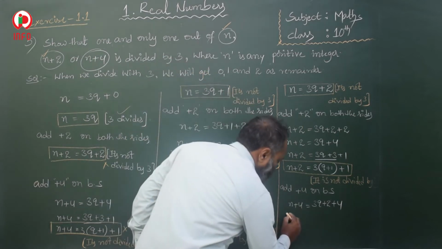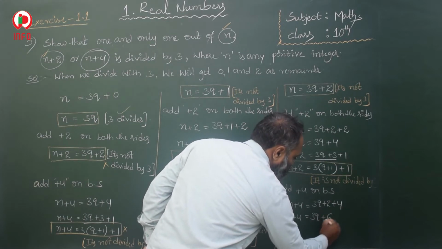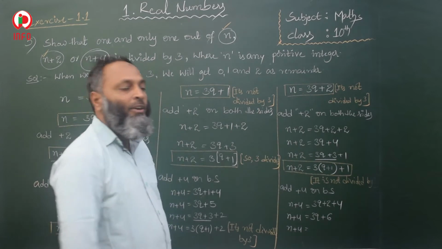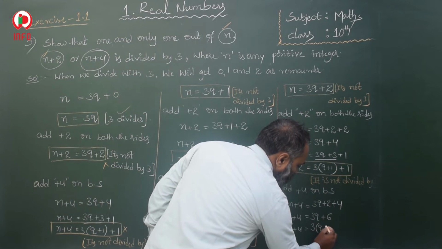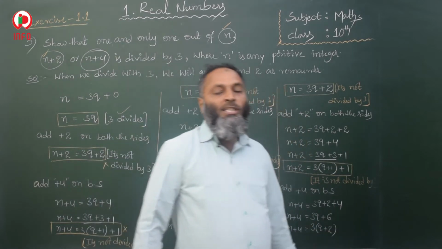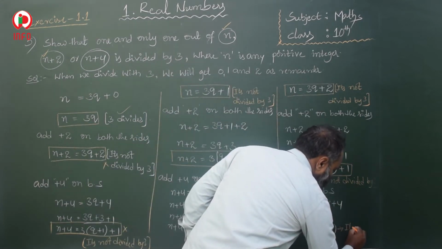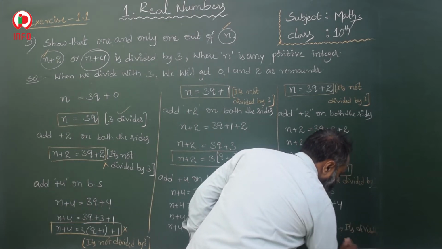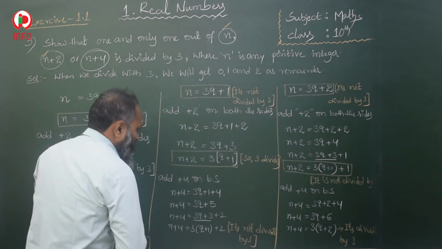Now n plus 4, 3q plus 2 plus 4 is 6. 3 and 6 are multiples of 3, then you can take 3 as common. If you take 3 as common, 3 ones means q left, 3 twos are 6. Here we are getting a multiple of 3, there is no plus here, there is no remainder. It means it divides. It's divisible by 3.